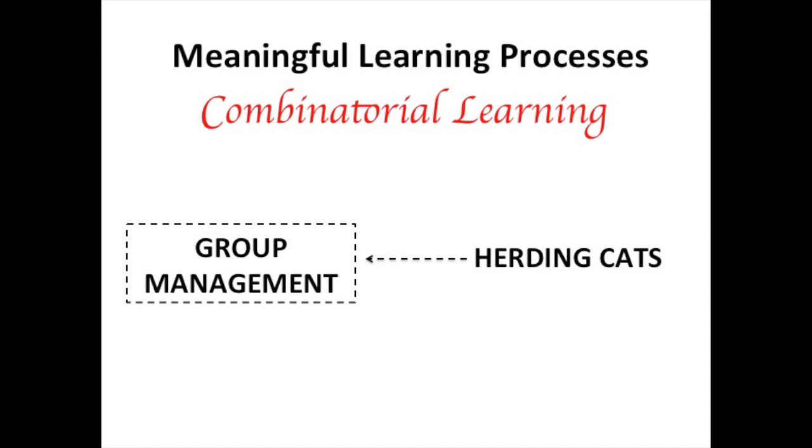Derivative subsumption, correlative subsumption, and superordinate learning involve attaching new information to the cognitive structure hierarchy either above or below prior knowledge. Combinatorial learning, on the other hand, happens when new information is related to the general background of another idea.